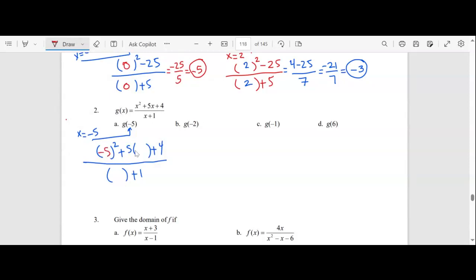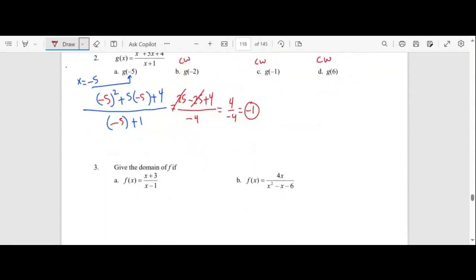So x here is negative 5, negative 5, negative 5. Negative 5 squared is 25. And that gives you 25 minus 25 plus 4 over what? Over negative 4. So cancel this with this. You're going to get 4 over negative 4, which is equal to negative 1. I'm going to leave this for you as classwork. Okay.